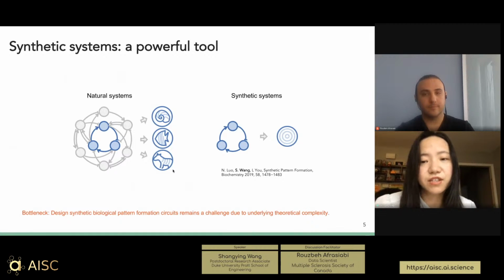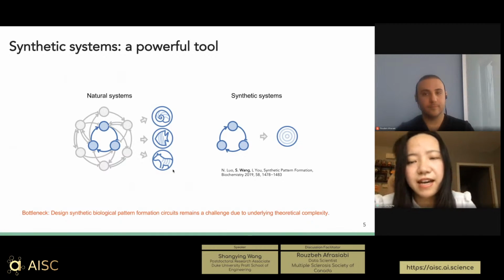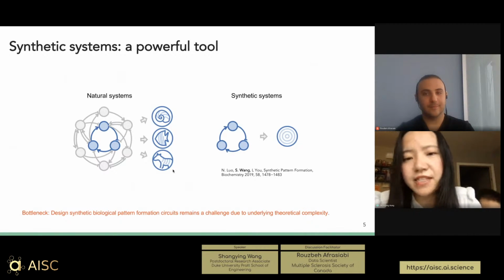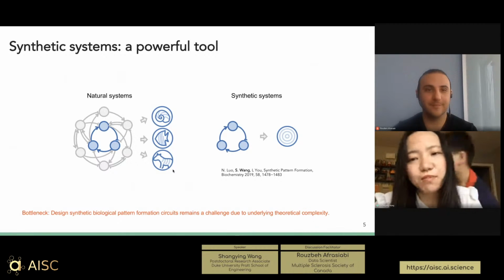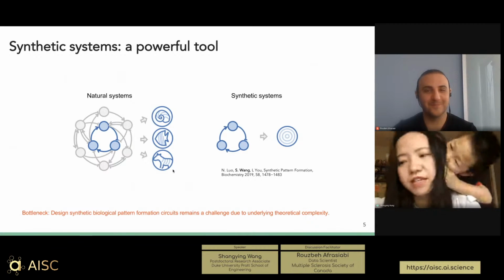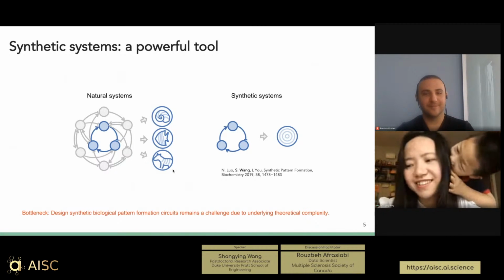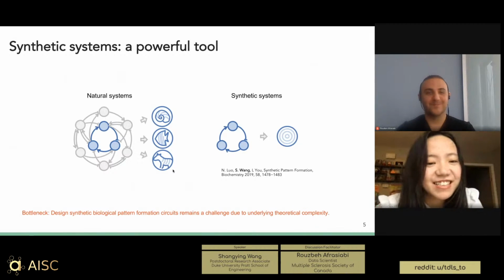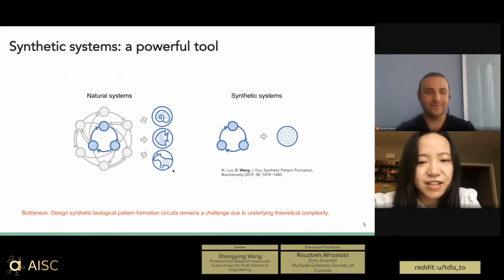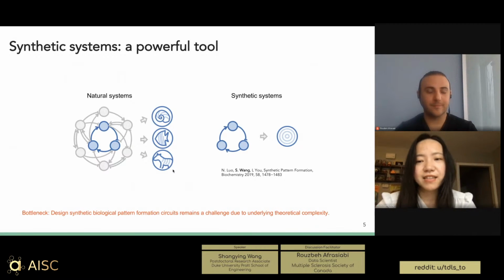For synthetic systems, if we can design a gene circuit, and this circuit can produce a pattern, then we're sure this pattern is formed by this circuit because it's relatively insulated. However, there is still a bottleneck, because designing these synthetic circuits remains a big challenge due to the underlying theoretical complexity.